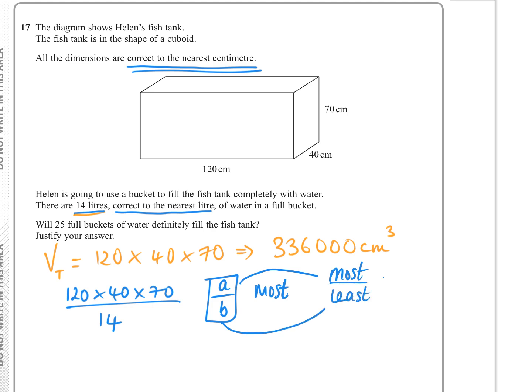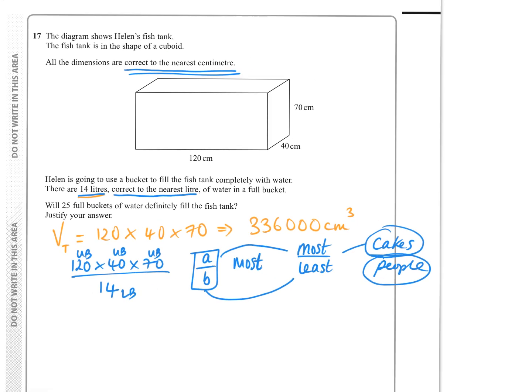I always use the idea of cakes and people: if you want to have the most cake, then you want more cakes on the table and the least amount of people showing up if the cakes were shared equally. So in this case, you're going to want the upper bounds of all of these and the lower bound of this. So I think we're good to go now.